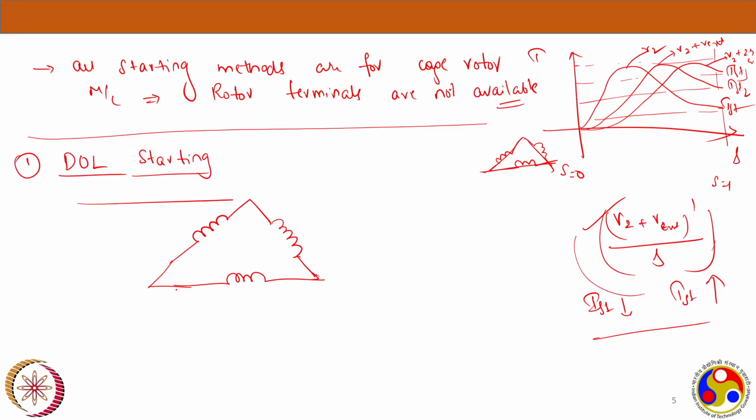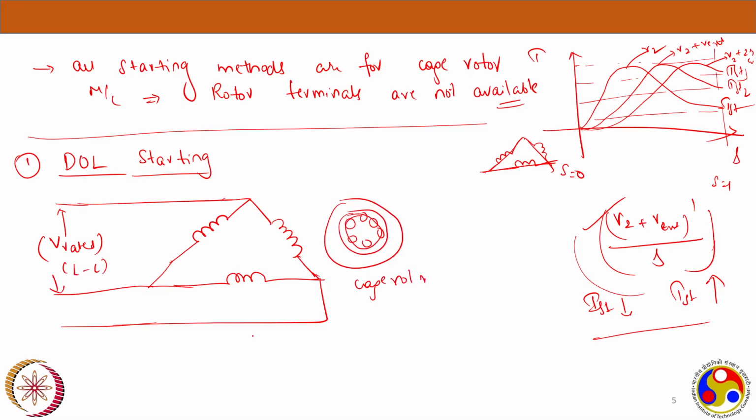Now here we are applying the rated voltage. In DOL, you have to remember we are giving the rated voltage directly, line to line supply. Okay. Now here we have our rotor. You can't access this rotor. This is a cage rotor, and this is your stator.